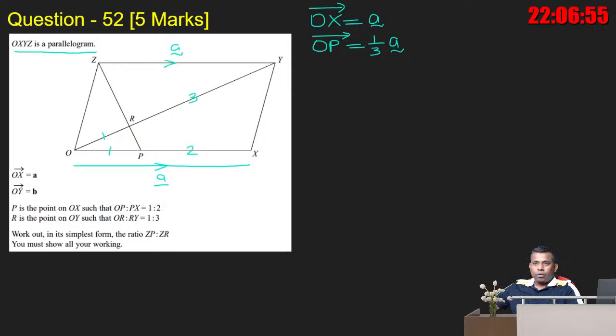And the OY vector is B, and that gives OR vector is 1/4 of B.